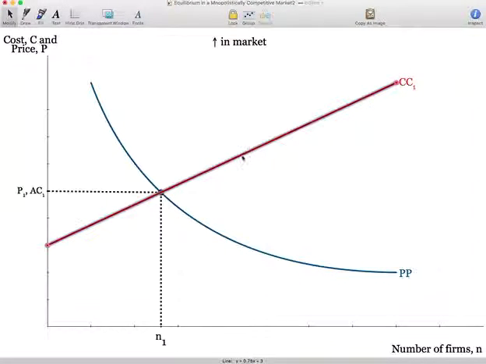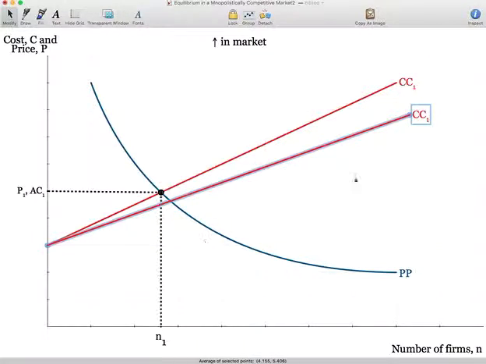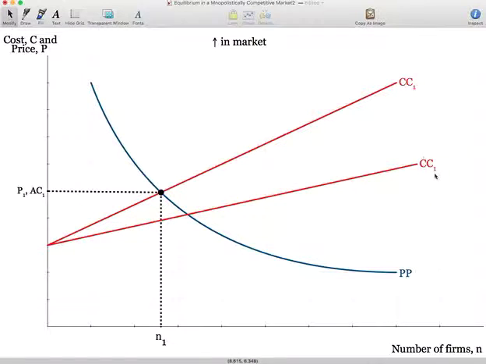So what we can do is, again, cheat and draw in a CC curve that is shifted downward. So this downward shifting of the CC curve is due to the fact that we have an increase in the market.